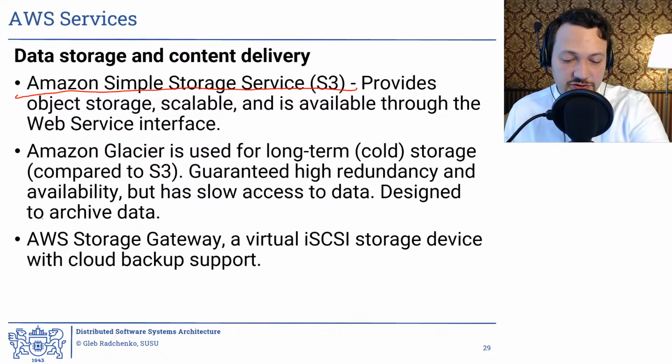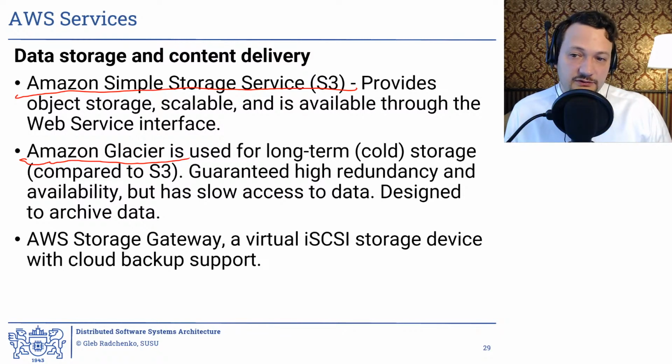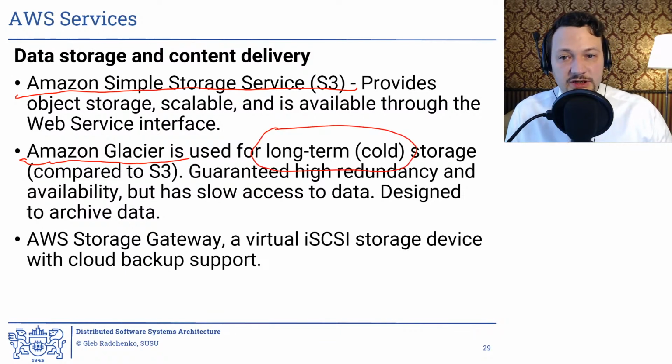Second, Amazon Glacier. Glacier is very different compared to the Simple Storage Service. It is used for long-term storage solutions. The Amazon Simple Storage Service is designed to be very robust to read and to write the data.